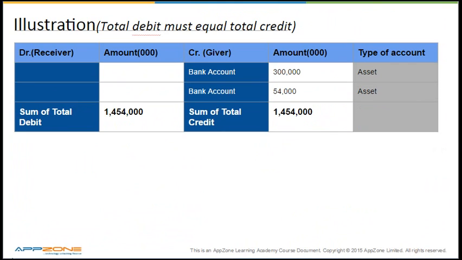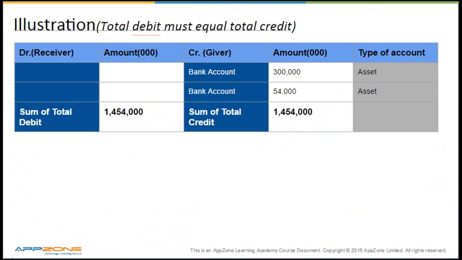Now, at the end of it all, if you're very observant, we have been able to see our principle of debit the receiver and credit the giver play out in this scenario. The sum of the total debit amounts to 1.454 billion naira, and the sum of the total credit amounted to 1.454 billion naira.